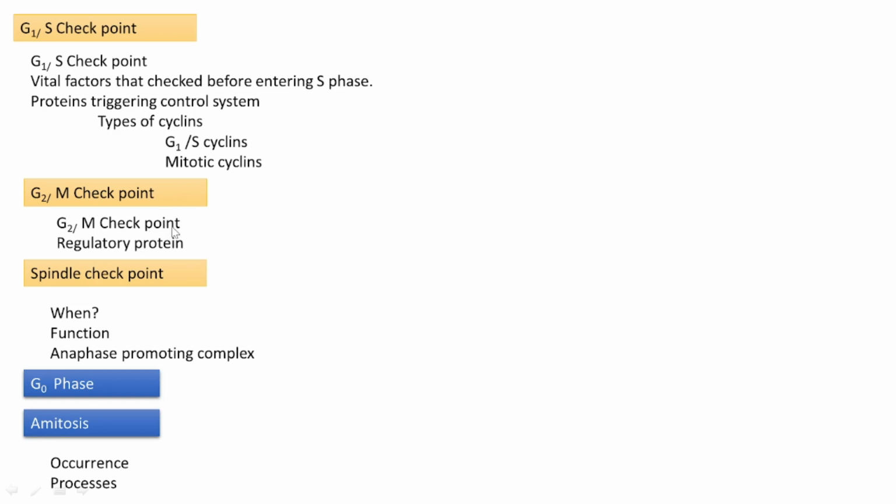Then next we need to know which protein is giving the signal here, and also which is the regulatory protein here. The protein giving the signal here is MPF protein. MPF means M phase promoting factor. This is also a CDK, a cyclin dependent protein kinase, and it is the protein giving a signal for the cell to proceed to the M phase. The regulatory protein is also a cyclin.